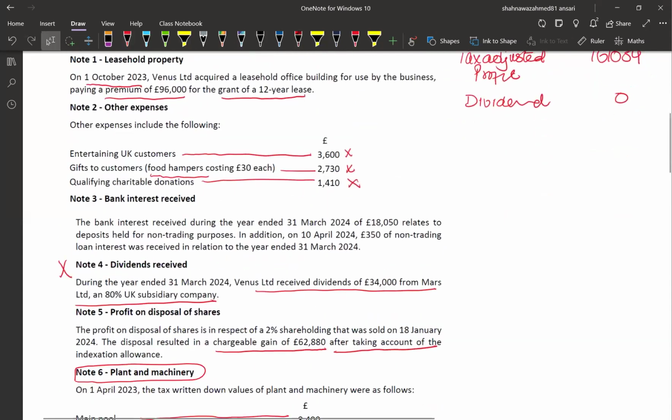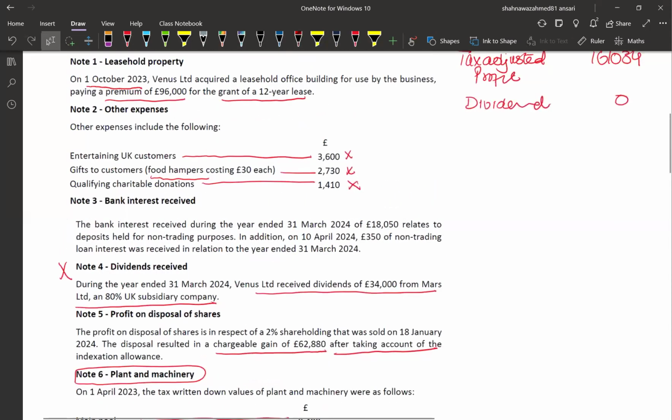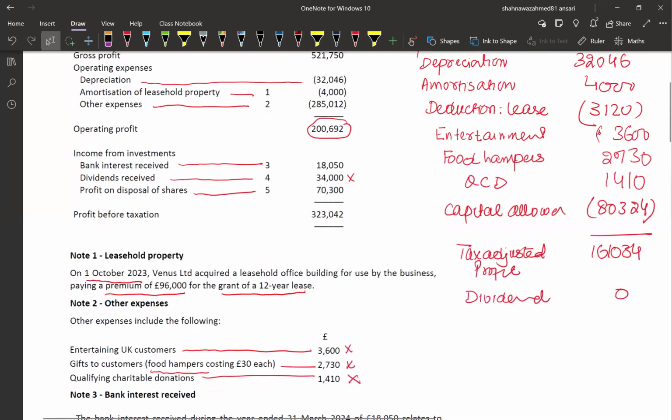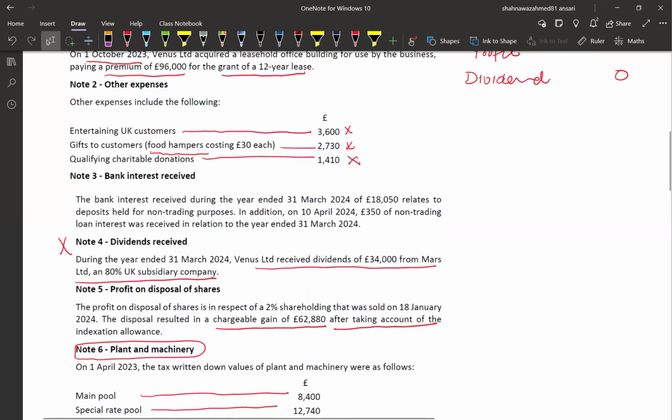Profit was given 70300 and chargeable gain was 62880. So we need to take 62880 here.